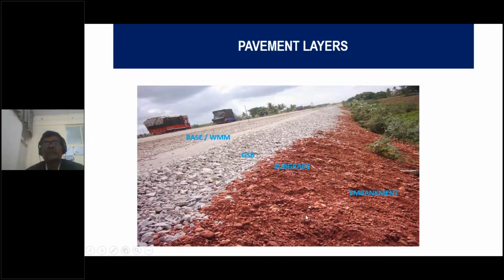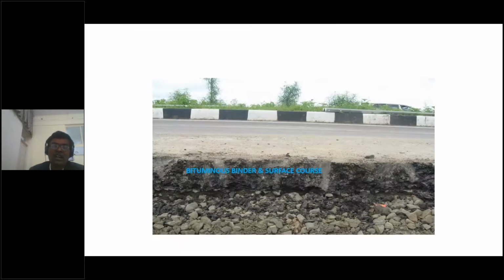I'm showing the picture again: huge quantity of soil materials, huge quantity of aggregate materials, and in another picture, huge quantity of asphalt or concrete layers, with a thickness of 200 to 300 many times.